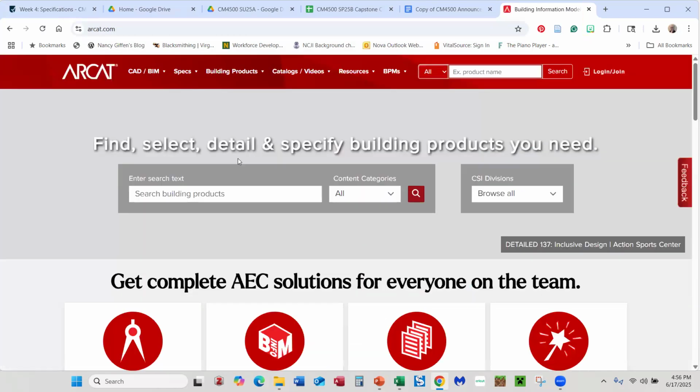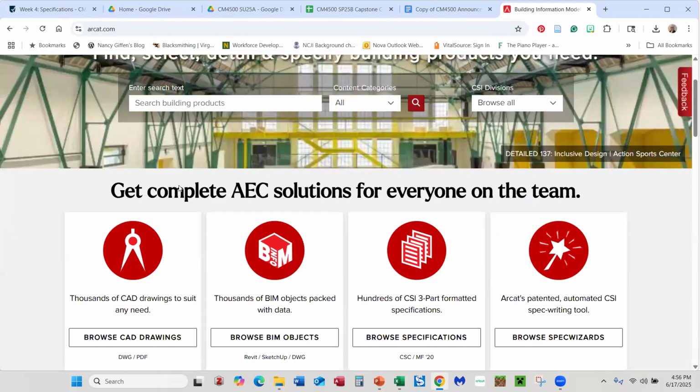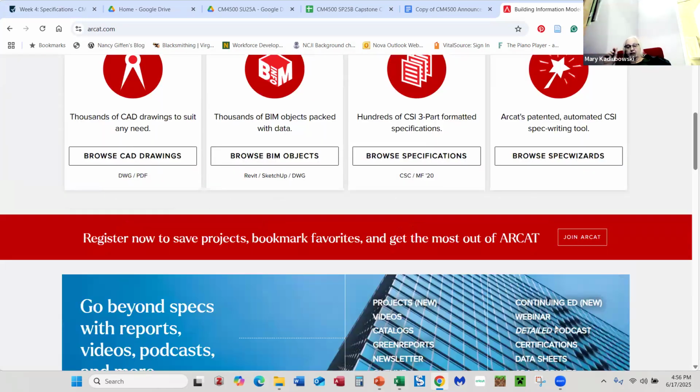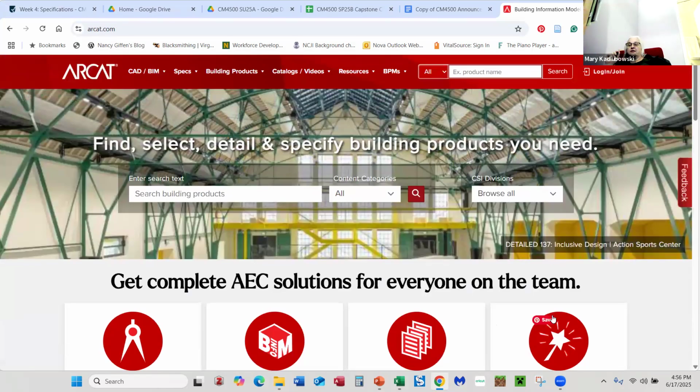You can look through CAD drawings, BIM objects, specifications, and it'll write specs for you. This is a list of building products. So let's look up drywall.